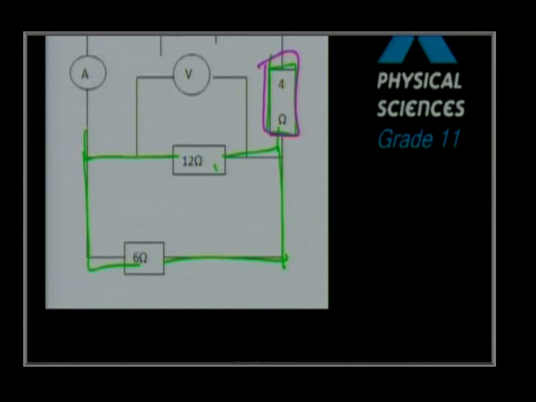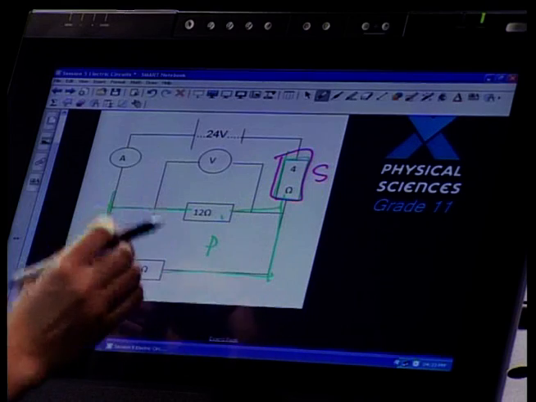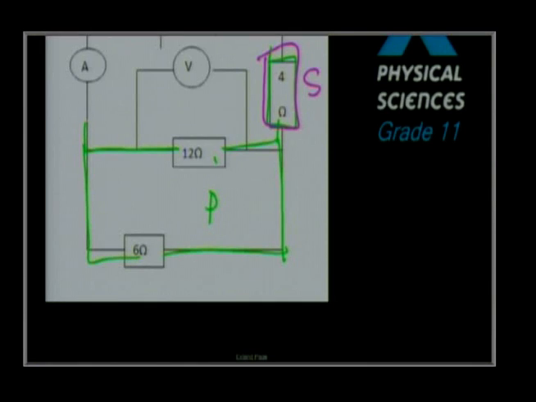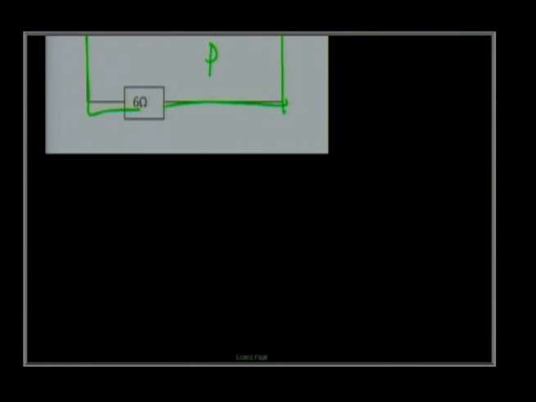So that section is in series and these two are in parallel. Your strategy over here would be to first calculate the parallel connection, because once you have the parallel connection, this becomes like one small resistor inside the series circuit. So we're going to start off with that, and we're going to do it this way.